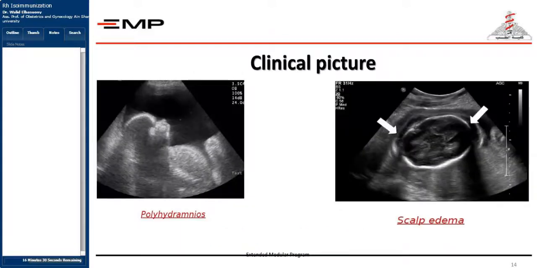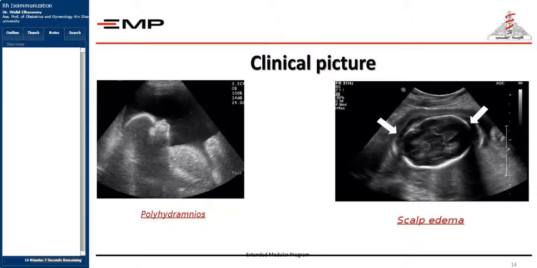So what's the problem with babies whose mothers are Rh negative and sensitized? As we said, the antibodies cross the placenta and start attacking the baby, starting the process of hemolysis and the process of heart failure, and hence the babies will start suffering edema. First of all, in the picture on the left, we have what's called polyhydramnios. What's polyhydramnios?